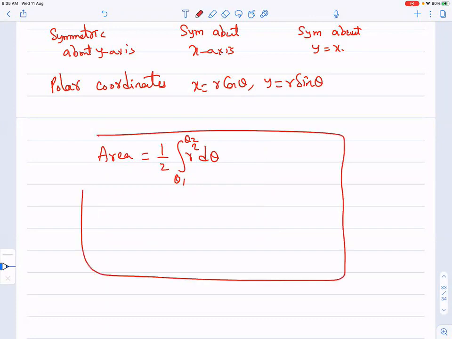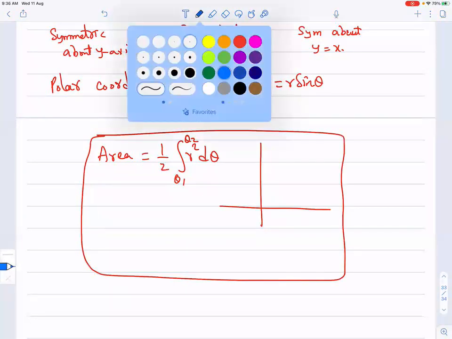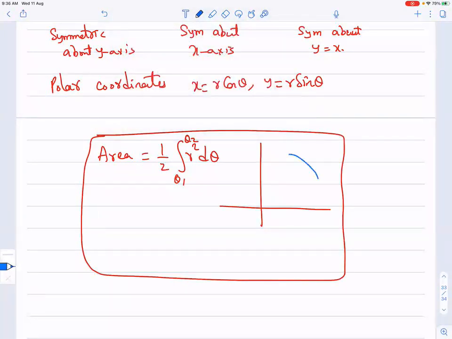See, r is a function of theta. So imagine you have a curve like this, and I'm not saying r is constant. r is not exactly constant. Now this is theta 1, and this entire thing is theta 2.